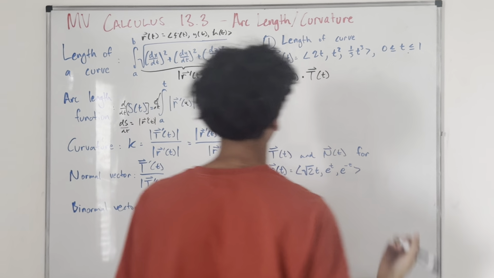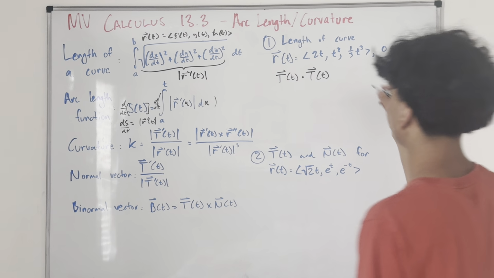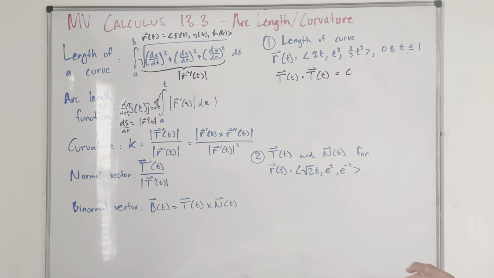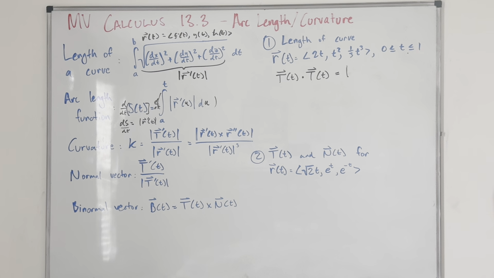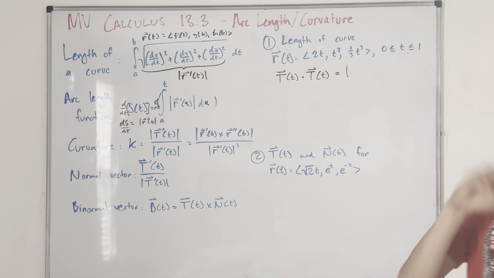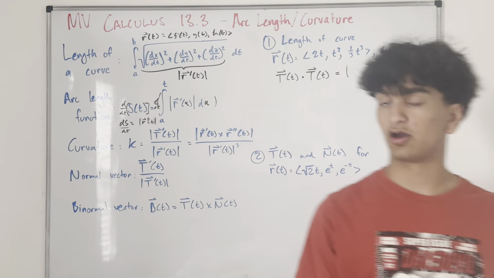When you take a dot product of a vector with itself, you get, in this case, 1, because the dot product is always going to equal the magnitude of the first vector times the magnitude of the second vector times cosine theta, the angle in between.